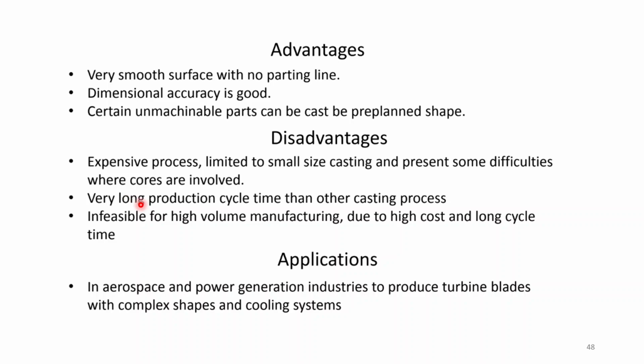It also has a very long production cycle time compared to other casting processes, and is infeasible for high volume manufacturing due to high cost and long cycle time. Applications: in aerospace and power generation industries to produce turbine blades with complex shapes and cooling systems.